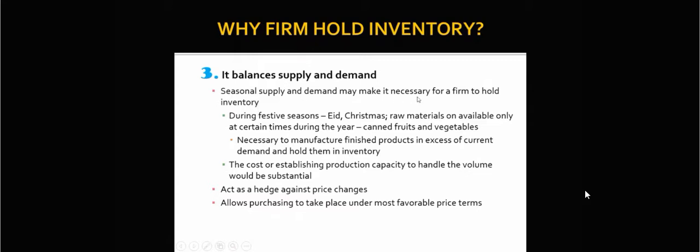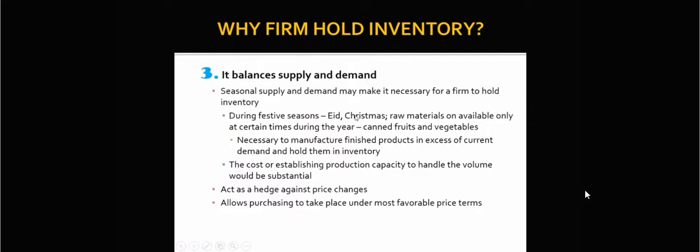Seasonal supply and demand may make it necessary for a firm to hold inventory. Okay, kita tahu kadang-kadang barang-barang, okay, contoh kalau musim perayaan ni kan, okay, ataupun musim cuti sekolah ke, barang-barang selalu tak ada dalam pasaran. Okay, kenapa tak ada dalam pasaran? Sebab kadang-kadang production cannot meet the demand.